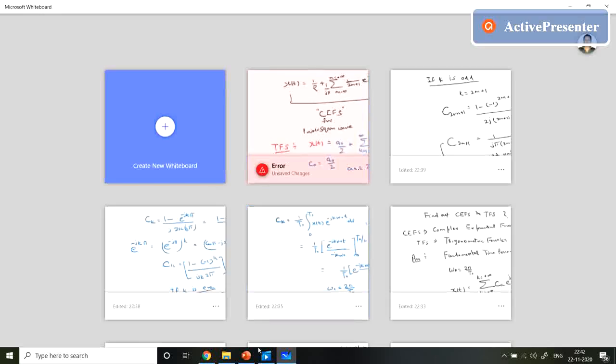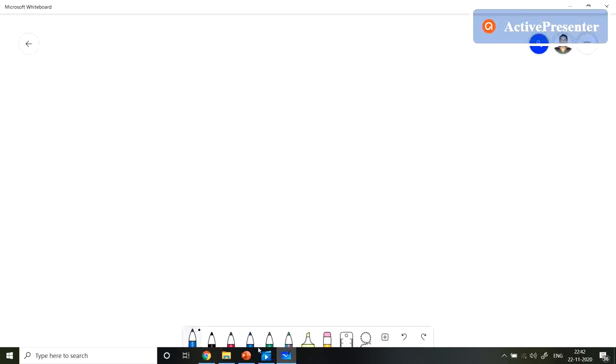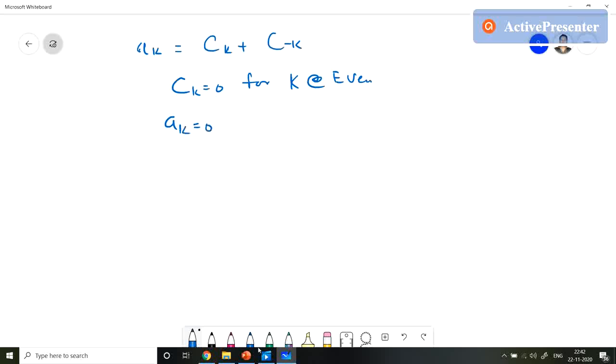So let us find out a_k and b_k. a_k is equal to c_k plus c of minus k. Now c_k is equal to 0 when k is even. So a_k is also equal to 0 if k is even.